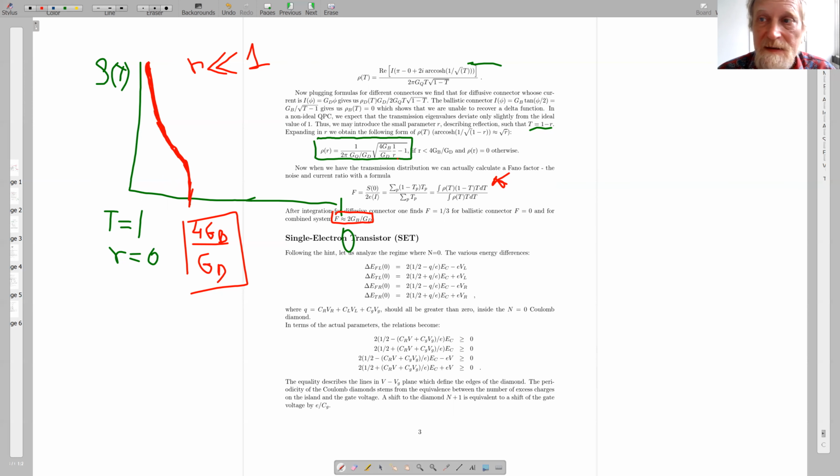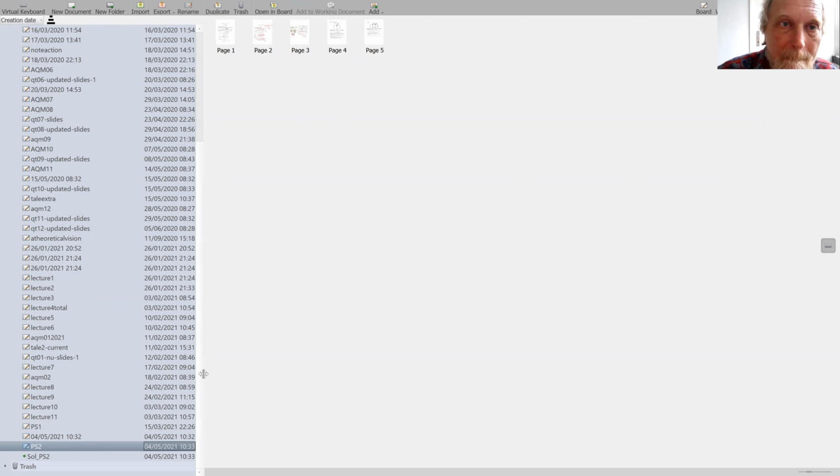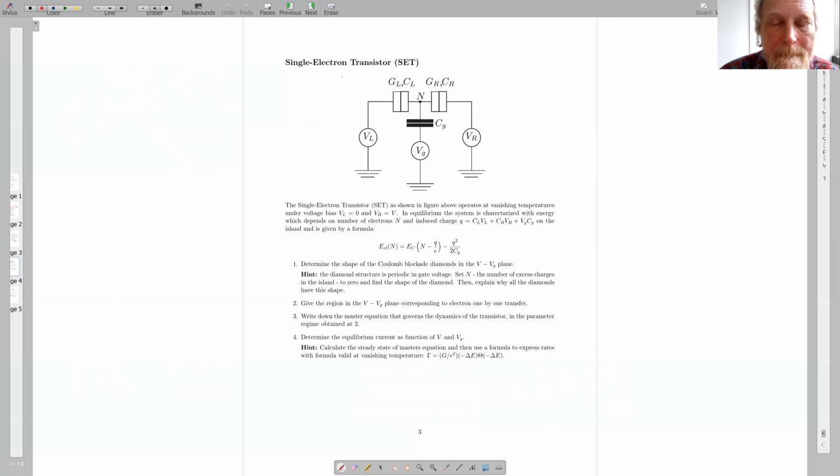So it is generally instructive. Let us see. Single electron transistor.